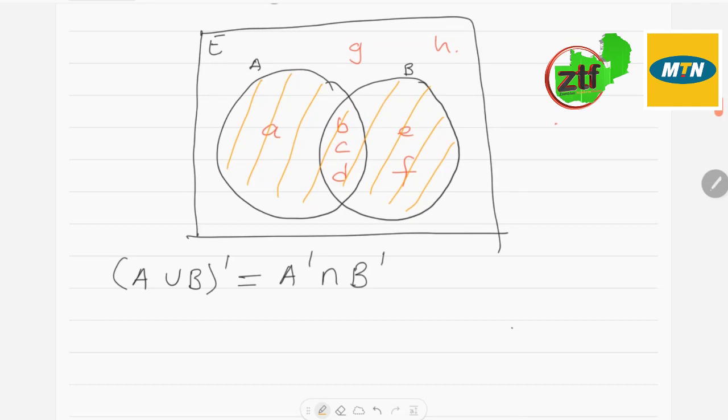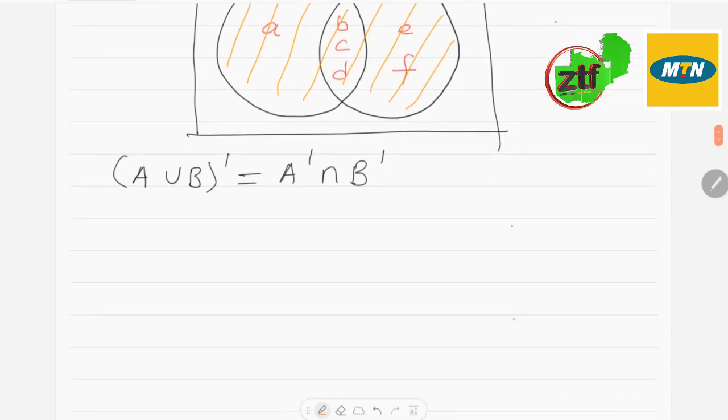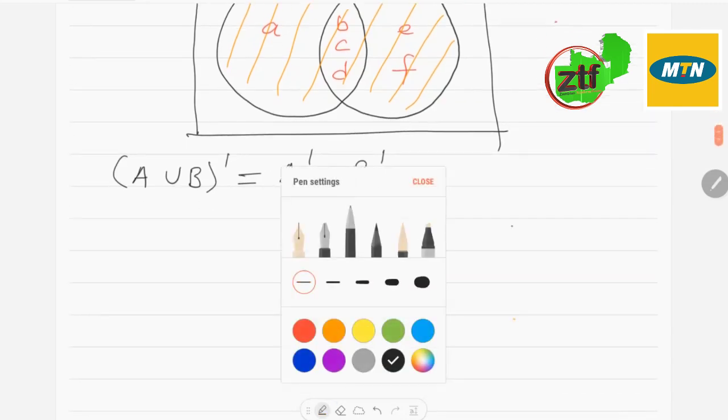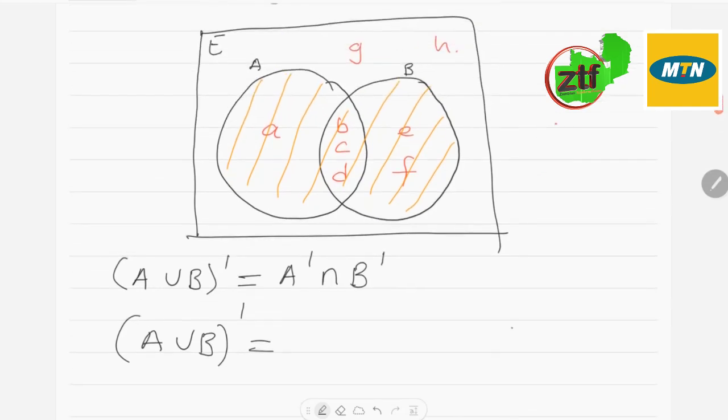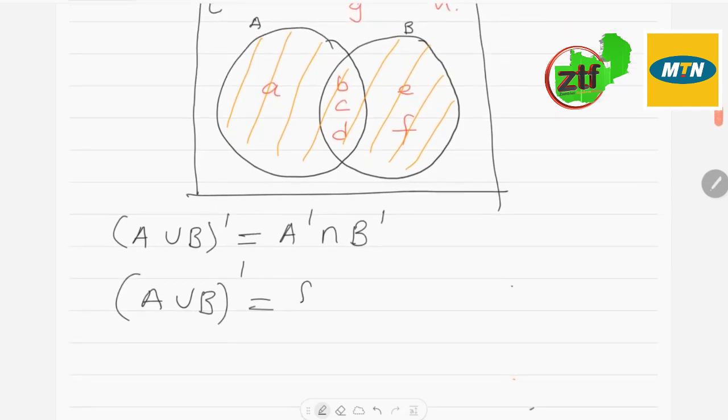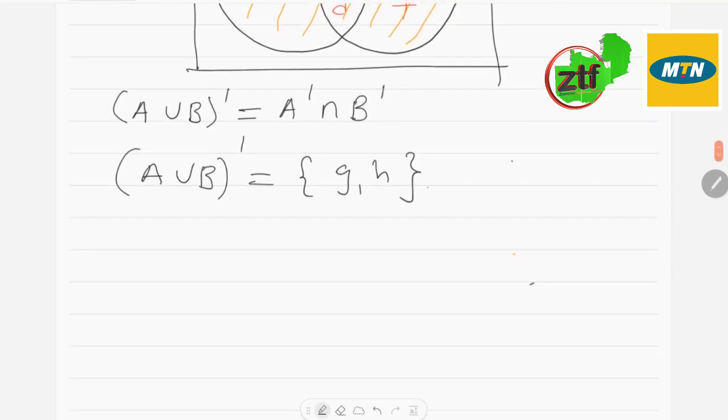Then we shall remain with two elements in the universal set, that is G and H. Therefore, (A union B) complement, we will have G and H as our two elements of that particular set. So that is the solution for question 14, part A.